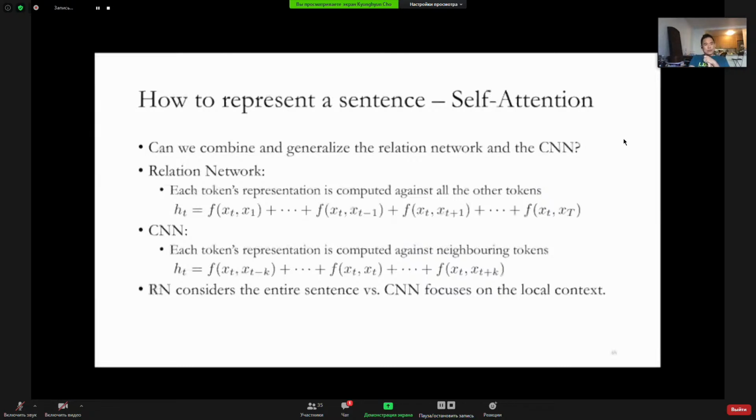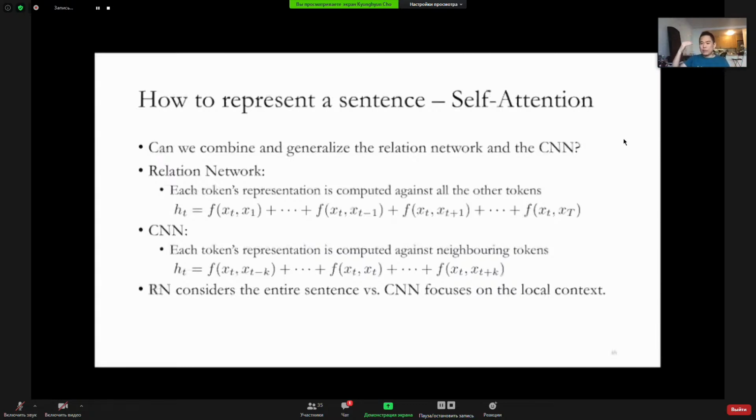So the convolution was nice, but I don't know if you have noticed, the convolution still cannot capture the context of the entire sentence or the entire document, because the size of the so-called receptive field of each vector after the convolutional layer, or multiple convolutional layers, is still fixed.